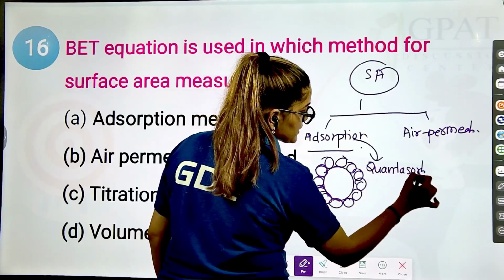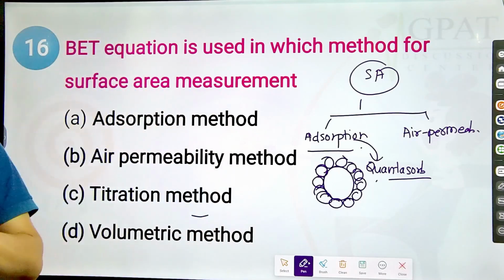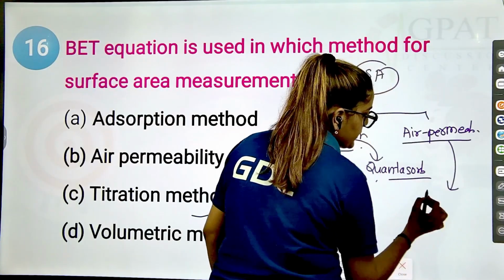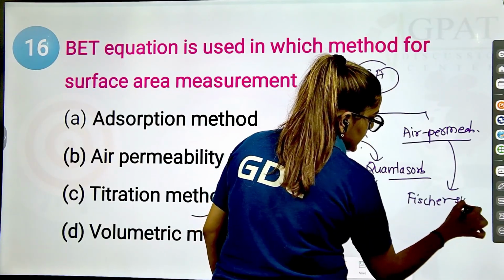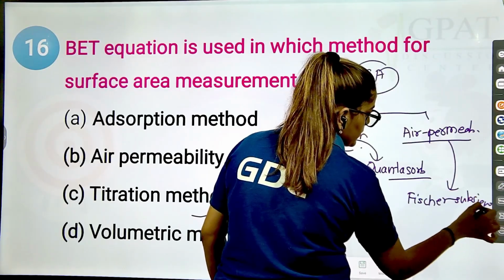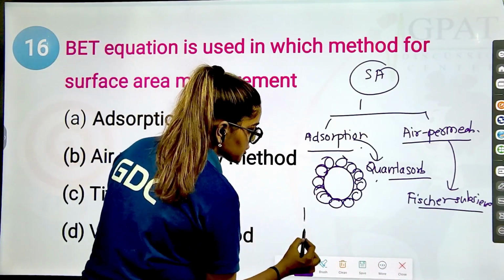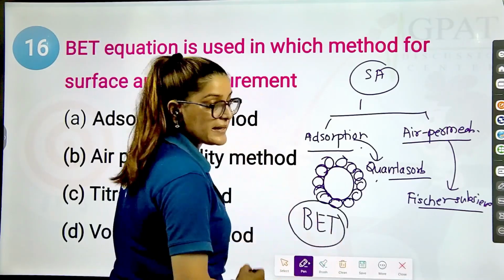Please note down, these are all selected important pinpointed details I am telling you. In the air permeability method, we have the Fisher sub-sieve sizer. So these are the names of the instruments. Now in the adsorption method, we use the BET equation.